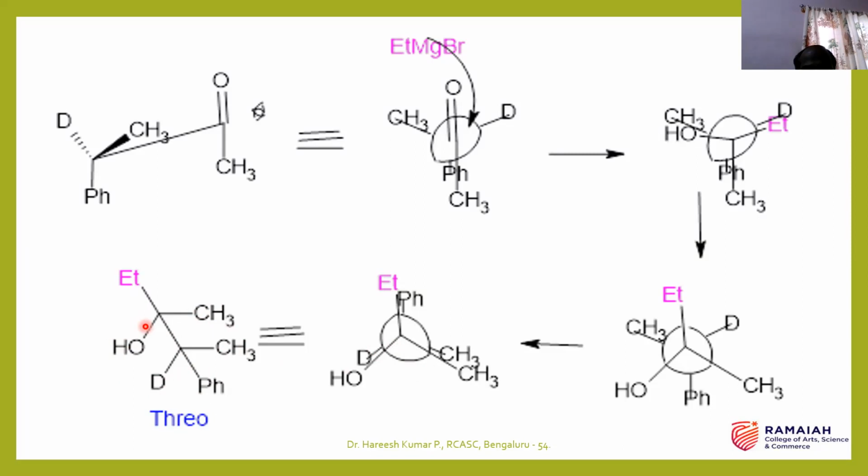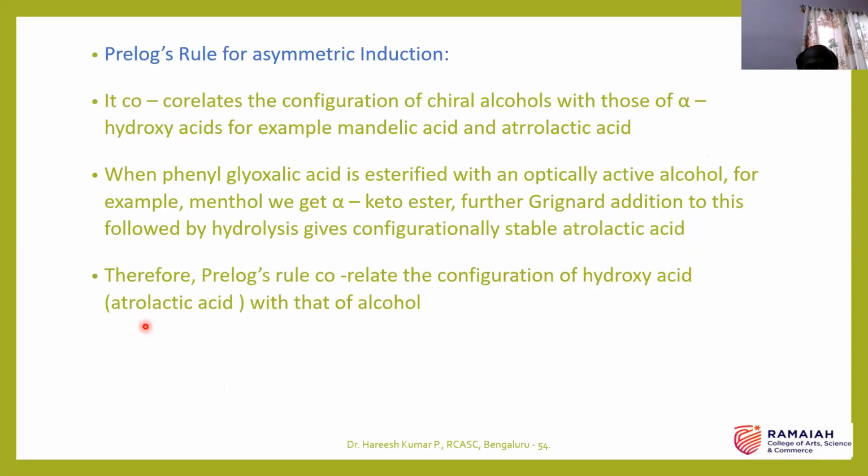So let's go to another concept called Prelog's rule, Prelog's rule for asymmetric induction. It correlates the configuration of chiral alcohols with those of alpha hydroxy acids, for example, mandelic acid and atrolactic acid.